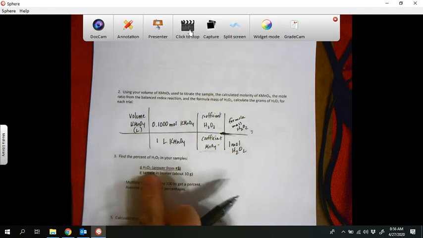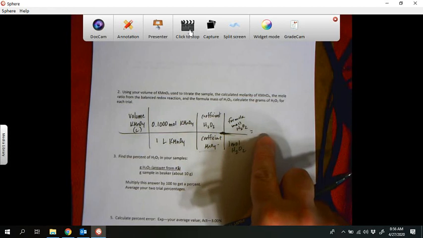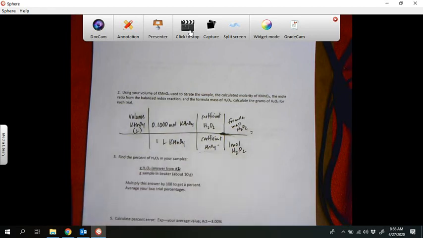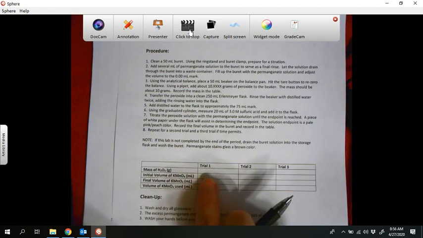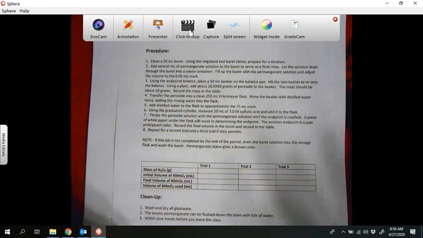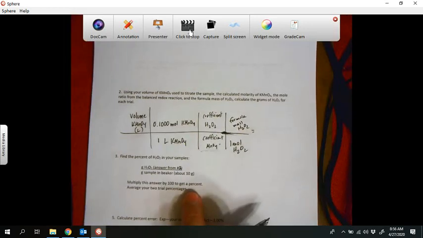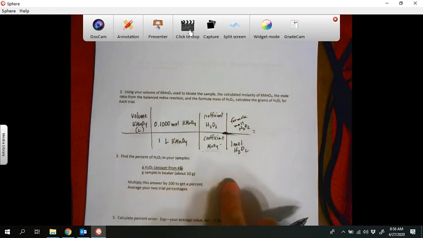So the grams of H2O2 that you got from up here for trial 1 over the grams of the sample in the beaker, which was from our table, so our mass of H2O2 right here, which is around 10 grams. And then you're going to multiply that by 100 to get a percent. And you're going to do that 3 times, and then you're going to average that.